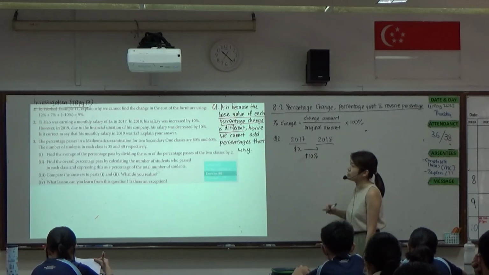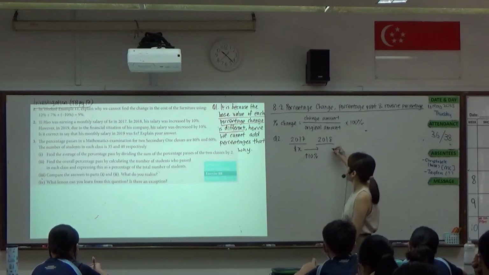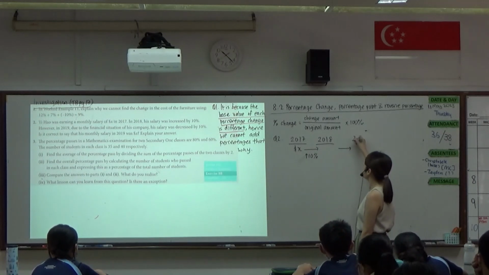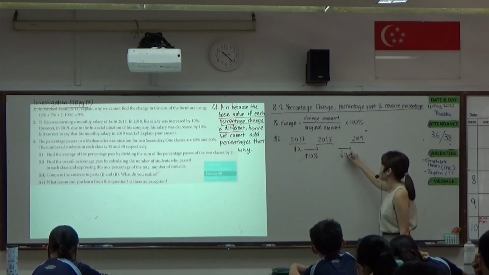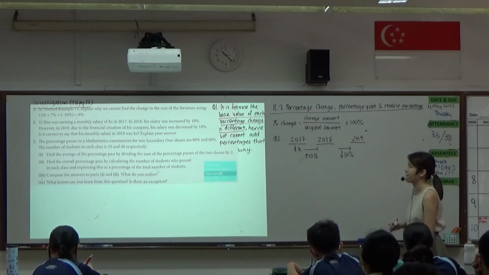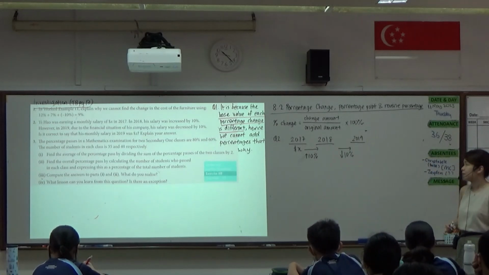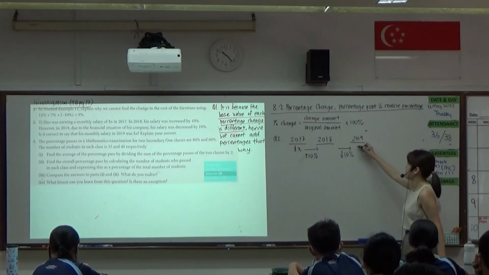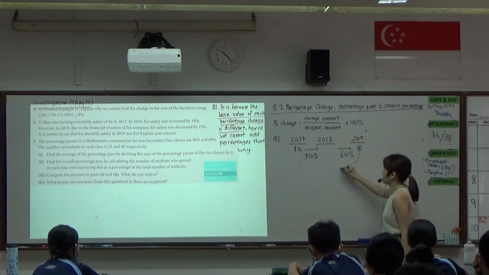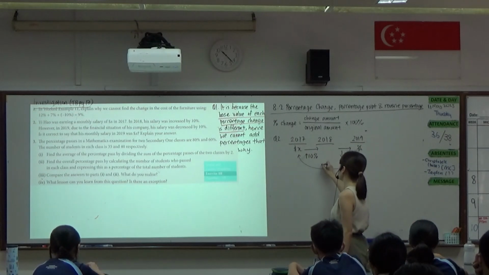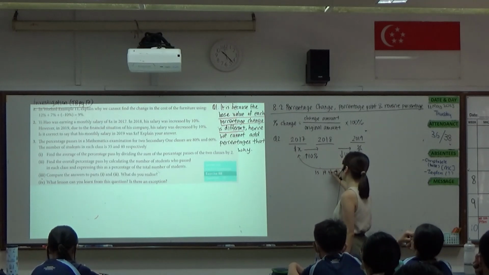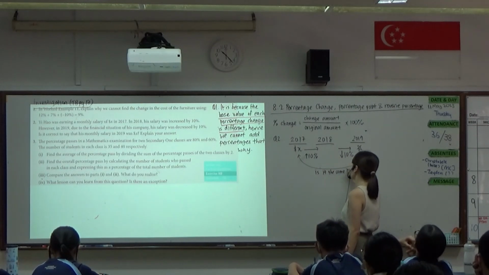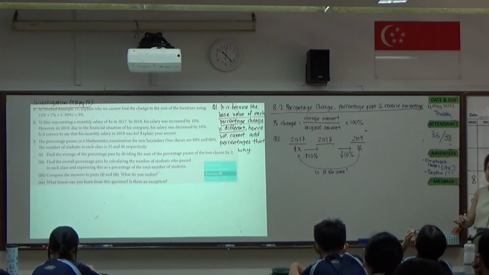Just trying to summarize the information given. And then in 2019, the salary decreased by 10%. So the question was asking, is this amount here the same as the original X? And explain the answer.